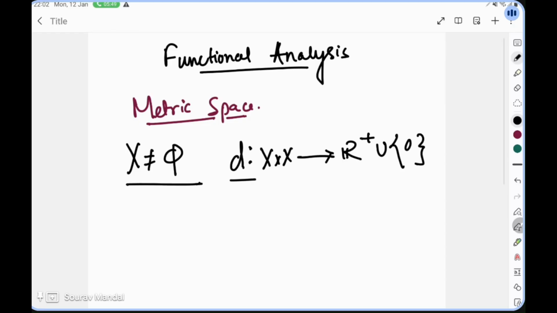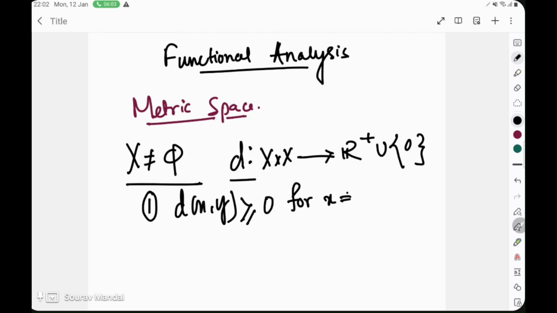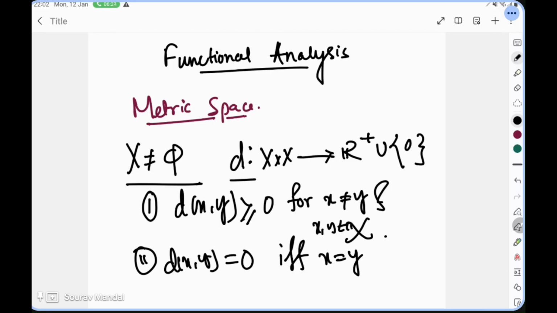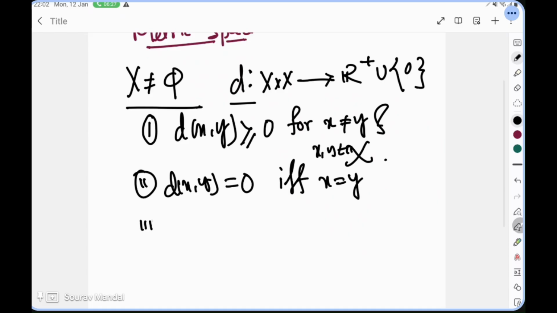And which conditions will it satisfy? The first condition is d(x,y) is always greater than or equal to 0, and it is 0 if and only if x equals y. Next, the distance d(x,y) is the same as the distance between y and x.